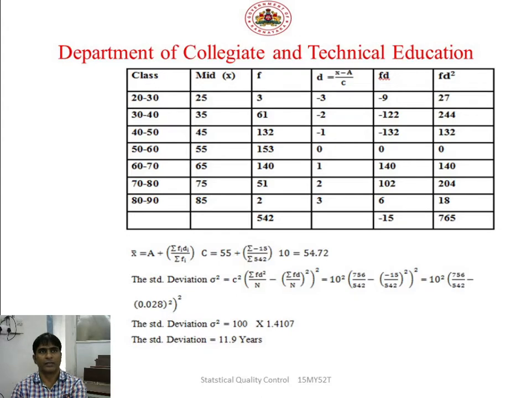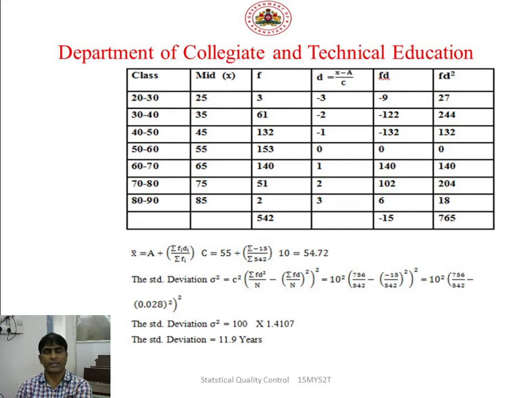So we'll be getting sigma square is equal to 100 into 1.4107. So standard deviation sigma is equal to the square root of that, we'll be getting 11.9 years. So the standard deviation, or the root mean square deviation, here is 11.9 years.